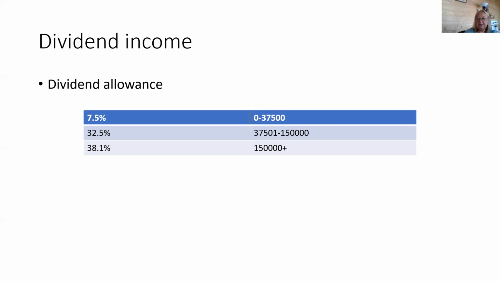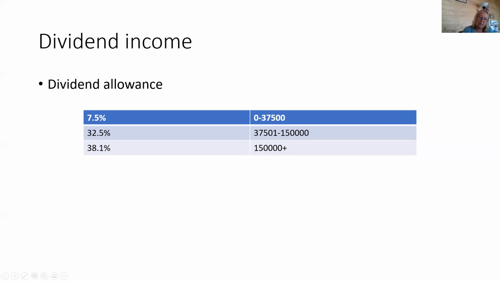And remember, these figures are the last ones that you're using. So if you've already used your basic rate for your normal income or for your savings income, you don't get that 37,500 each time. You don't get 37,500 basic rate on your salary, and then another 37,500 for interest, and another 37,500 for dividends. Once you've used your basic rate, everything after that is going to be in the higher rate, or ultimately in the additional rate.